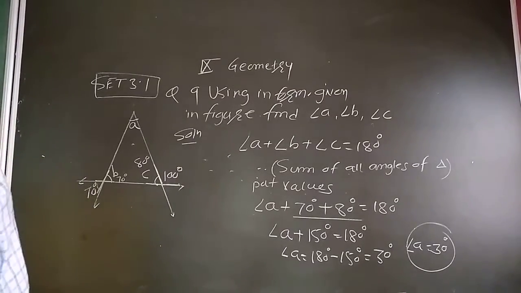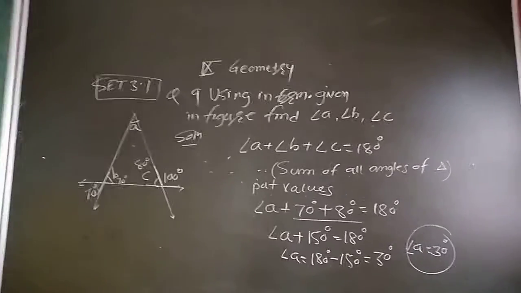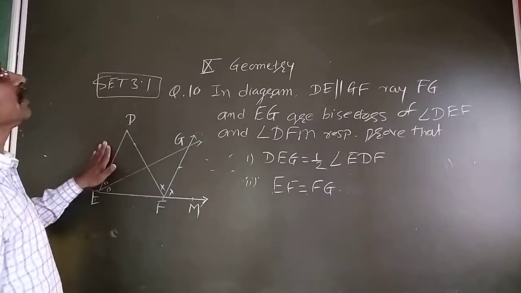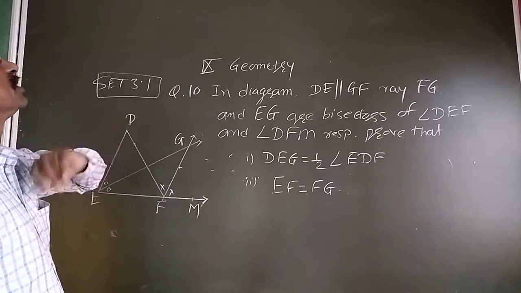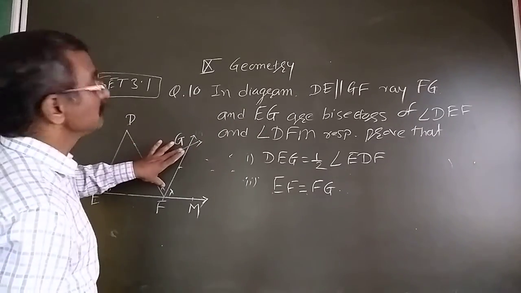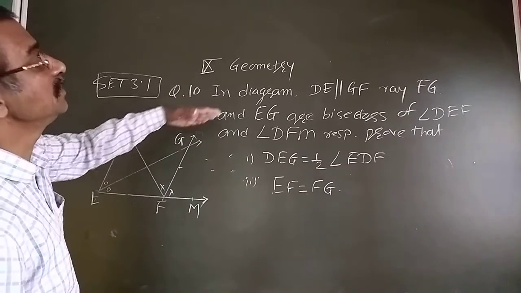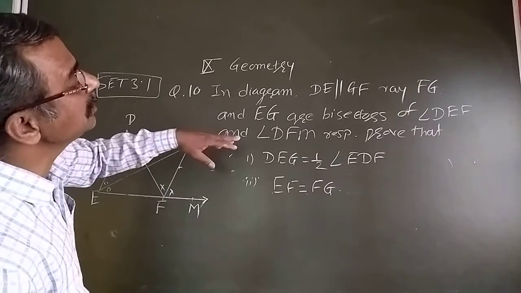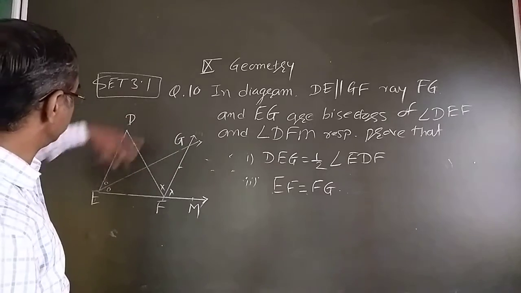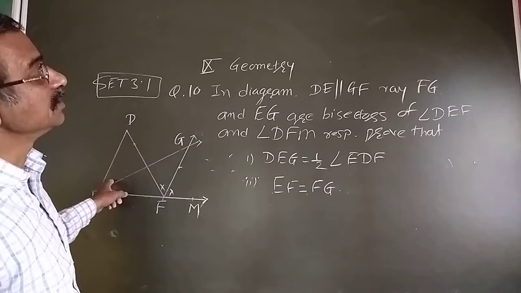The next example, number 10. In example number 10, we observe the figure and the given information. In the diagram, DE is parallel to GF, and ray FG is a transversal. EG and FG are the bisectors of these two angles respectively.